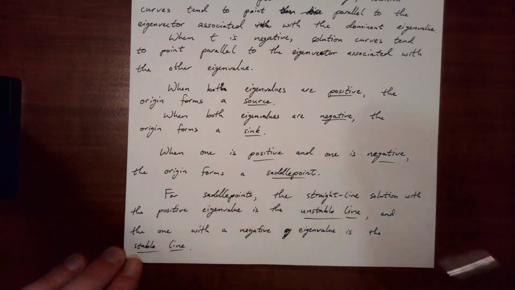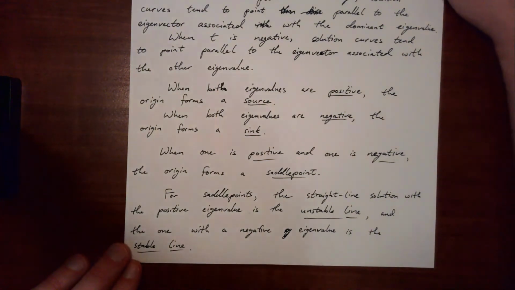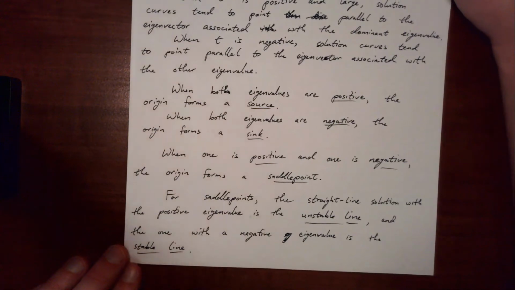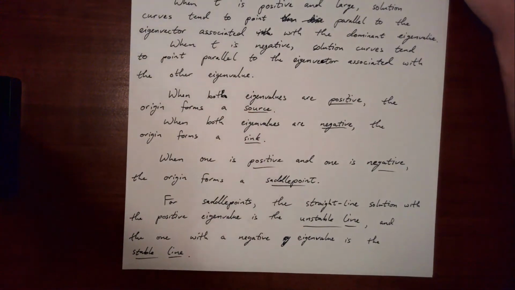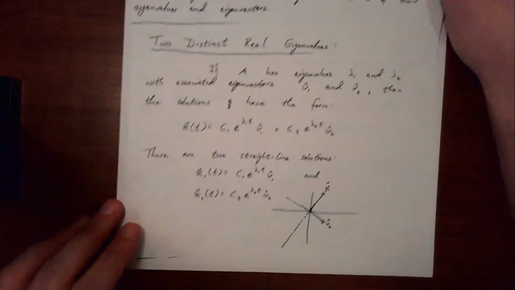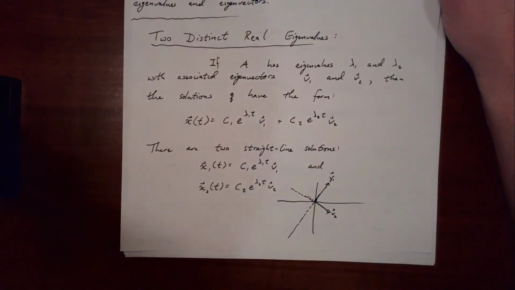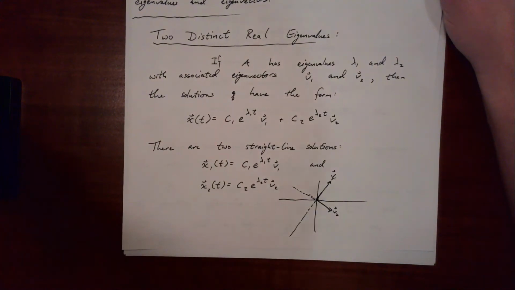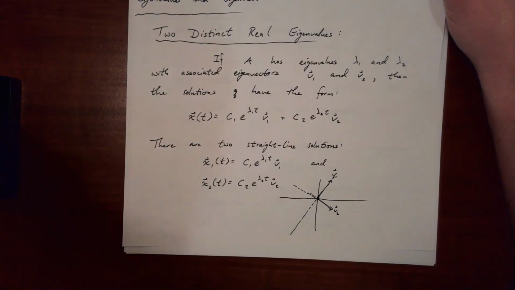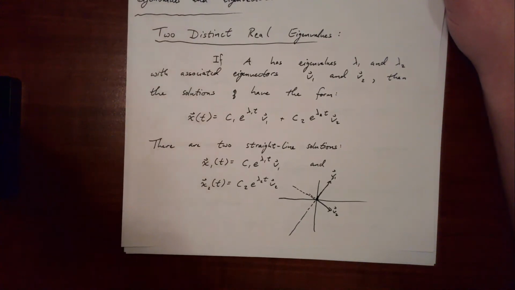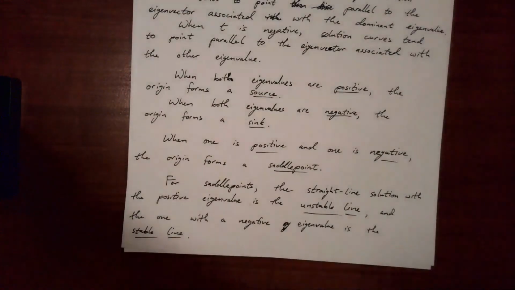Okay, so that was a lot of text, a lot to write, but let's recap here. What we have is a situation where we have a matrix. It has two distinct real eigenvalues, and each of them has an eigenvector. The straight line solutions will be lines pointing along the direction of those eigenvectors. If the eigenvalue that goes with that is positive, then the solutions will be coming out from the origin.